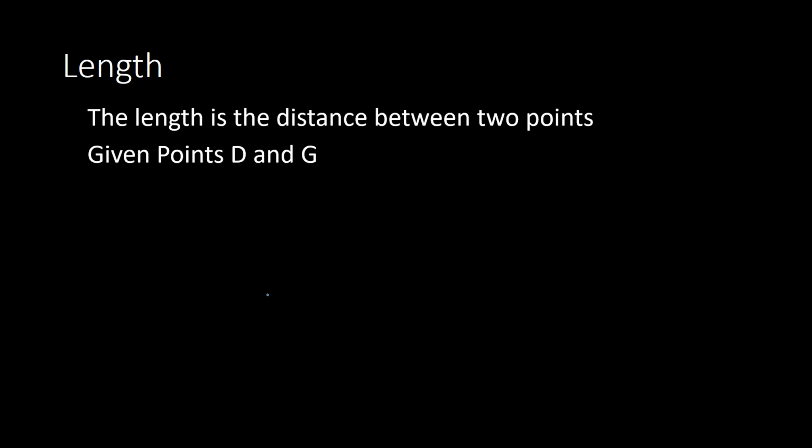Well, instead of writing out every time what is the length of DG, we could write simply DG. So DG, just the letters next to each other, would mean the length of DG.